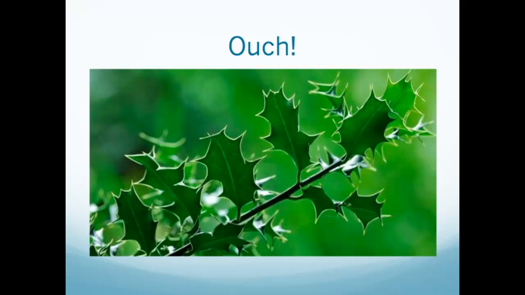They will bend in the middle, but those edges are quite pointed, and they're quite sharp. In and of themselves, just one or two, if you touch them, it's uncomfortable. When you fall into that wall that we saw that's absolutely covered with holly, it is more than uncomfortable, it is unbearable.